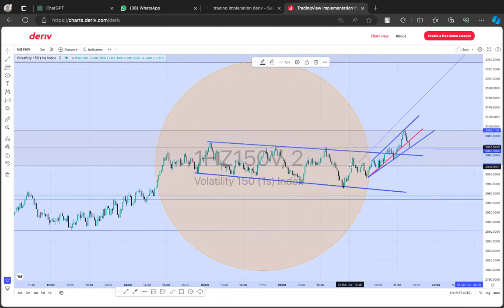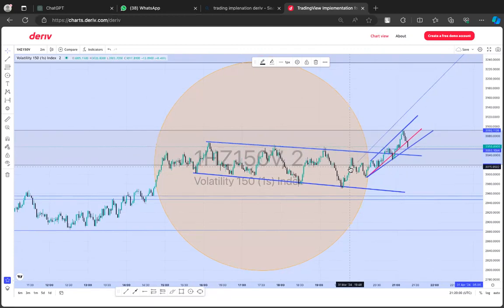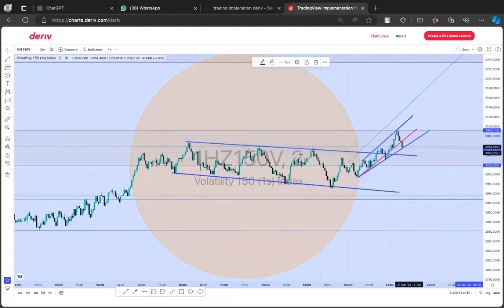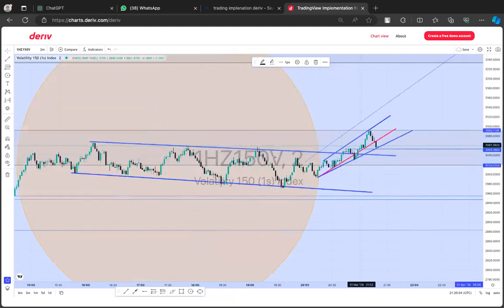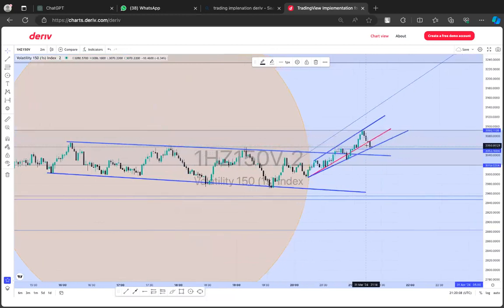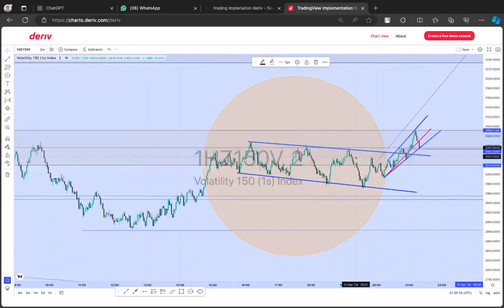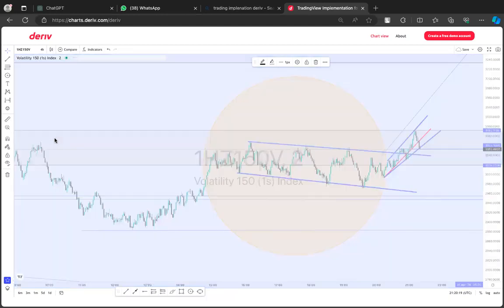So let me continue now. Let me start from where the price of the market broke this flag. This is to tell us that what we are saying is right, because the market was supposed to obey the zone we drew in the 4 hours. Now I'm switching back to the 4 hours.